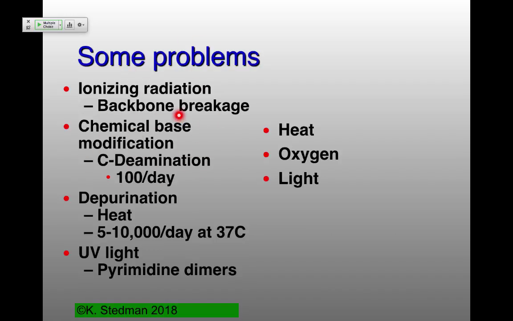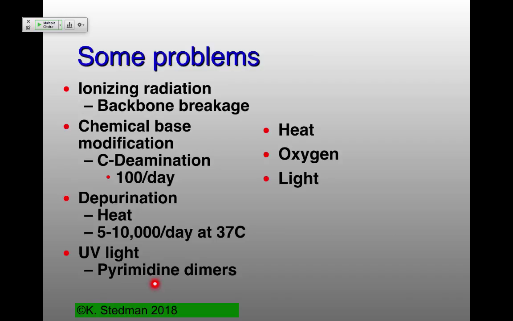This is a base modification that happens mostly, but not exclusively, on pyrimidines. Deamination of cytosine is one of the most common. The most common is depurination. So at 37 degrees C, between 5 and 10,000 of your purines fall off the DNA. Uh-oh, that's way higher than what we have, 1 in a billion, 1 in 10 billion, in terms of a replication process.